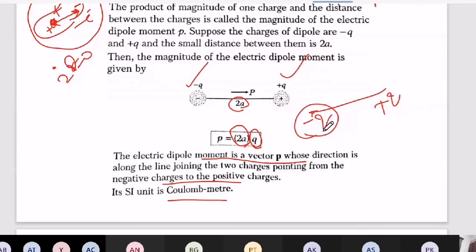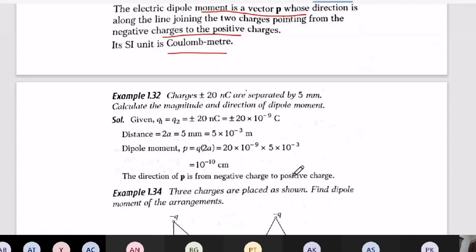Inside the atom, the centers of the protons and electrons are separated by some distance, so there is some permanent dipole moment, and from that we have derived this concept. We will study what electric field a dipole can produce at any particular point.